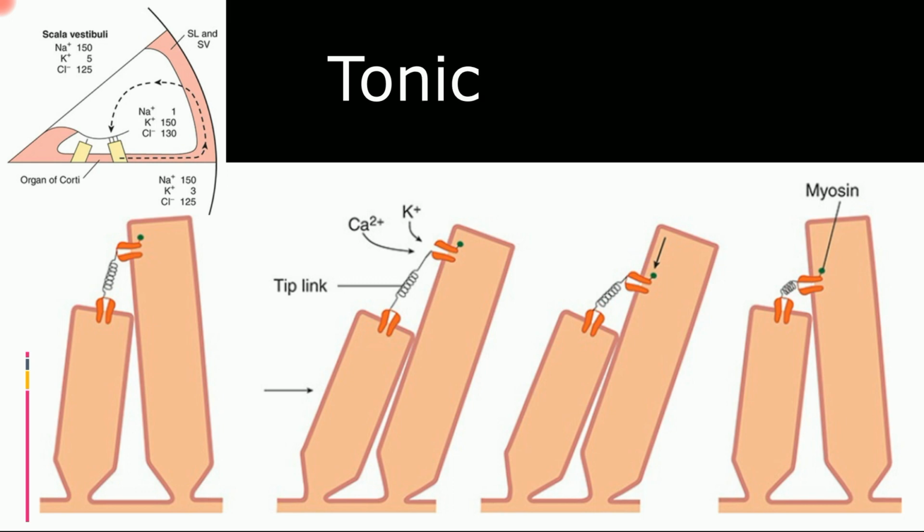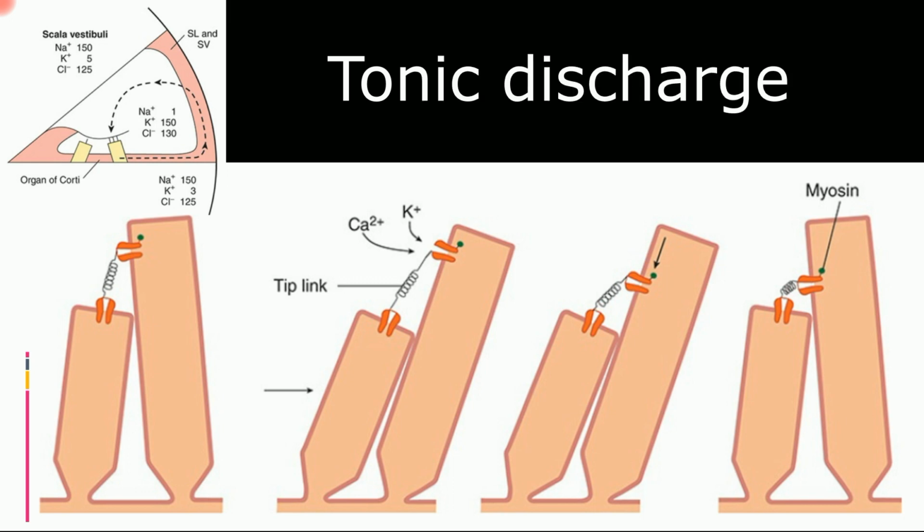One last aspect to understand about the macula is that it has a tonic discharge at a frequency of around 100.